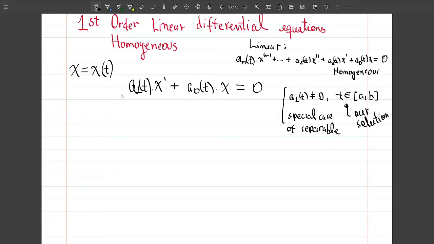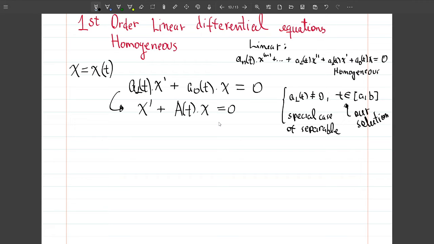Now, to solve this equation, we must divide, for simplicity, both sides by a1 of t. So we have x prime plus, let's say, capital A of t times x equals 0.